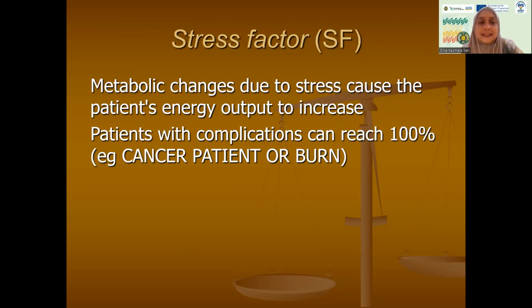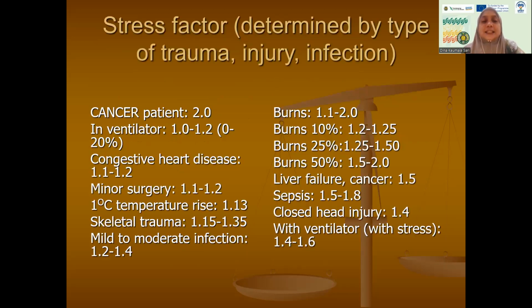And then the last point is the stress factor. We know that metabolic changes due to stress cause the patient's energy output to increase. A patient with complications can reach 100% increase, such as a cancer patient or burn patient. The stress factor is determined by the type of trauma, injury, and infection.